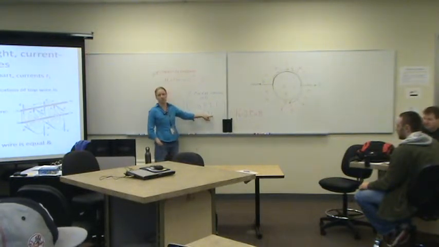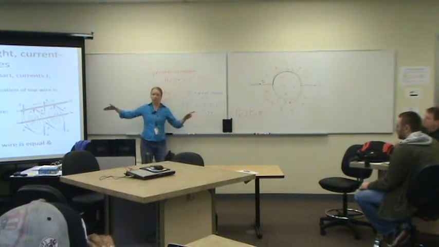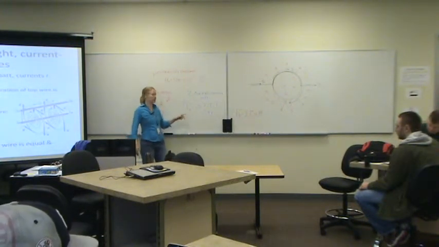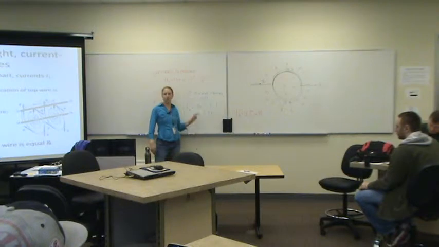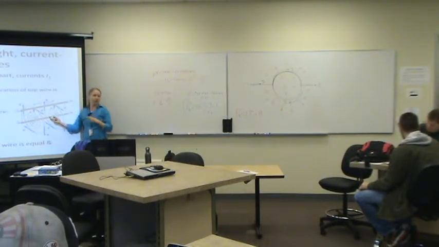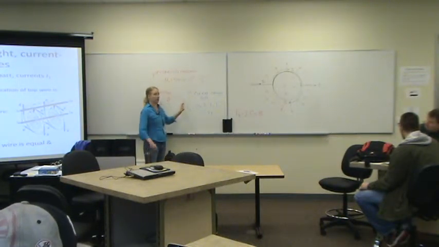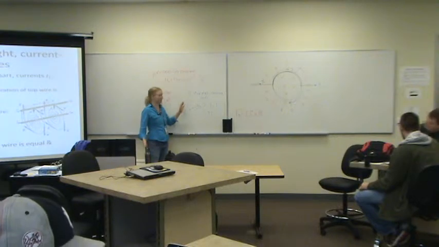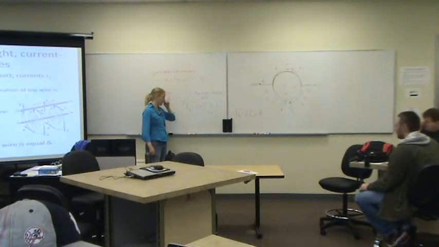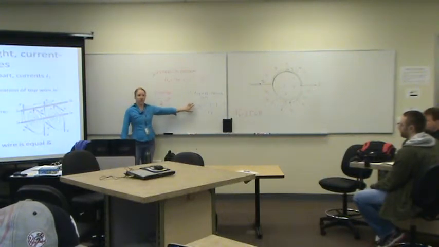The distance r is the distance between them. So this equation, you could rederive it for the force on the bottom wire due to the top wire, but you get the same result. So the force between the wires is equal and opposite. Both wires experience the same force, and this equation doesn't really indicate which force is which. So this can be used for both wires. And so this will just give you the magnitude of the force.